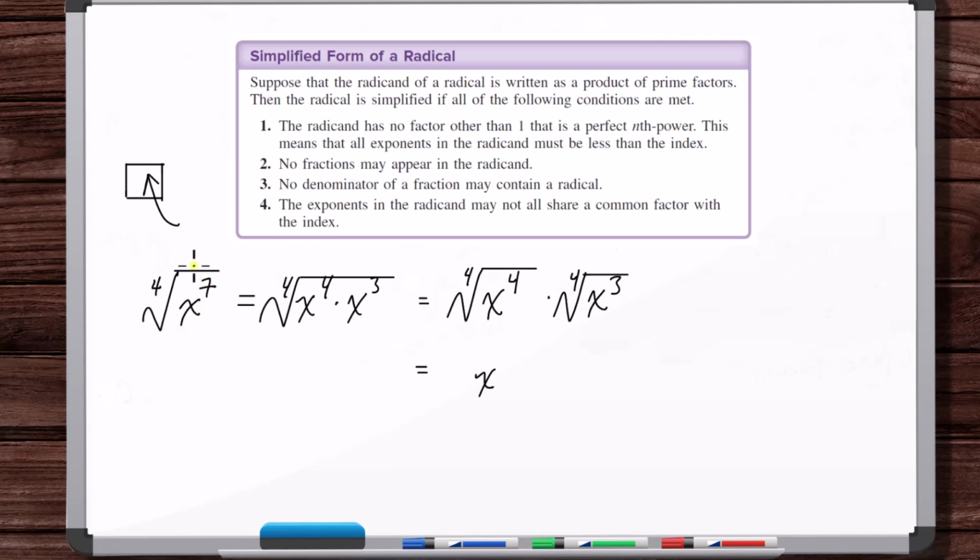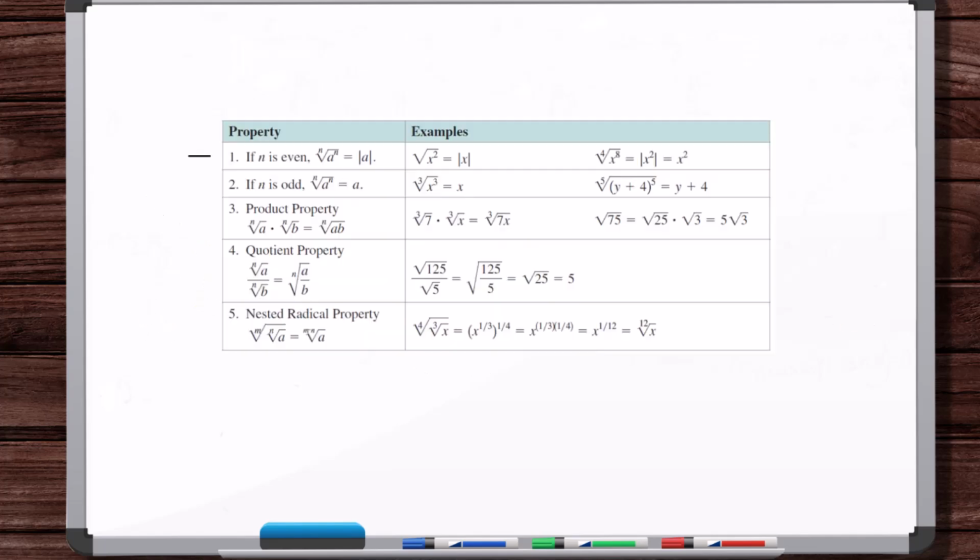Like this property here, the product property, doesn't apply if you have a negative in the radicand, because then the radical doesn't even exist anyway. These properties do not apply if you happen to have a negative value inside of an even index radical, because then it doesn't even exist in the first place.